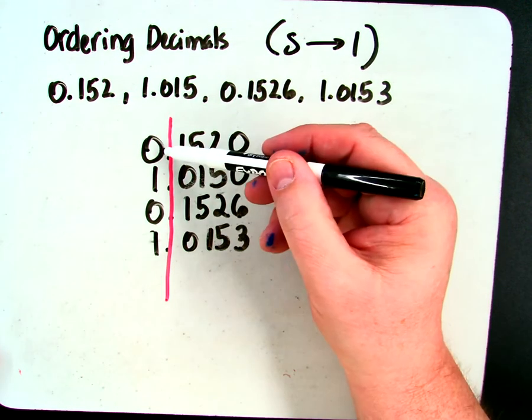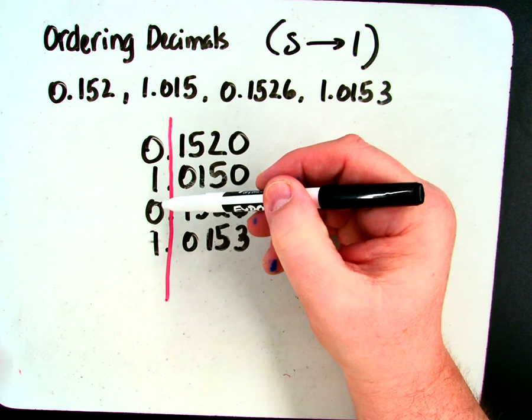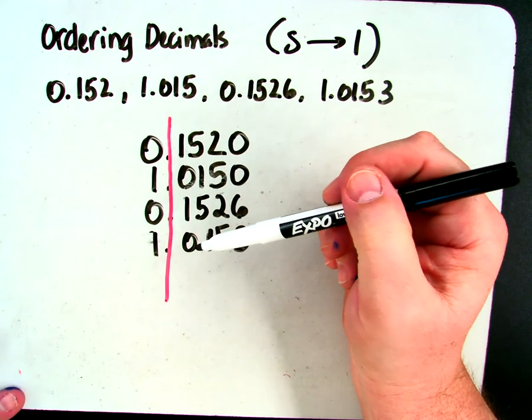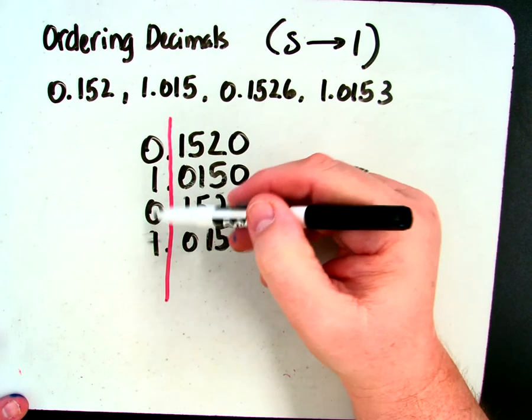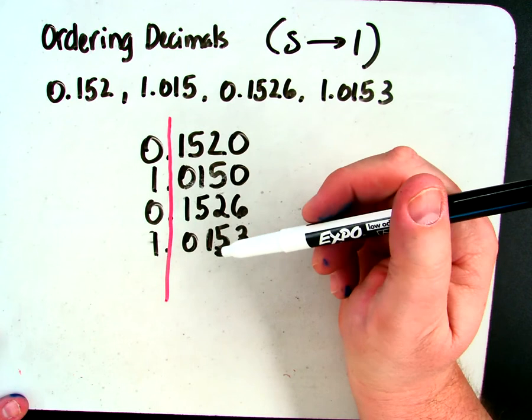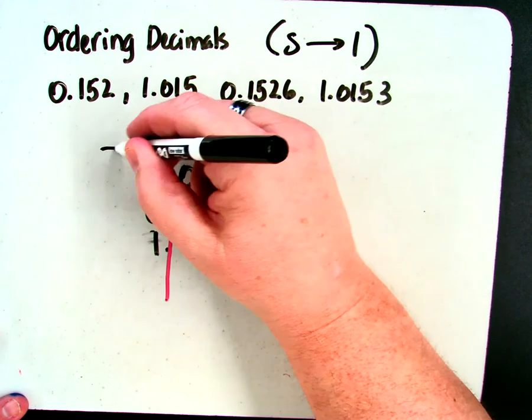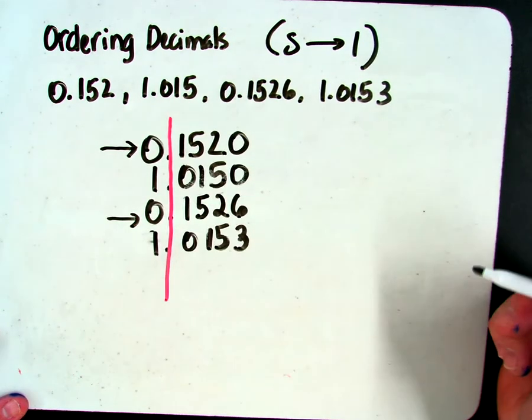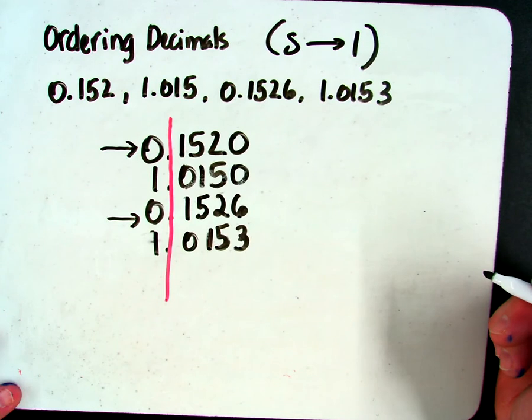Here we have a 0, a 1, a 0, and a 1. That was easy to pick out. The 2 zeros are less than the 2 ones. So for the moment, this number and this number is our focus.